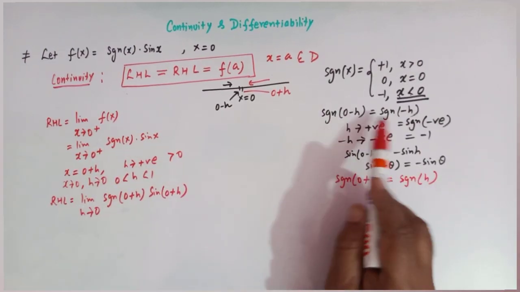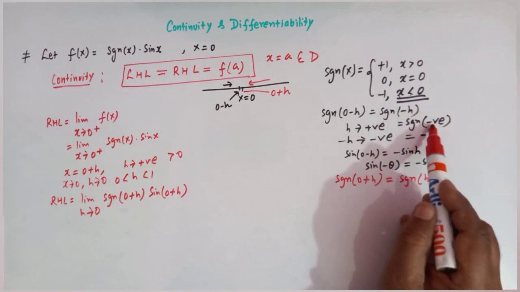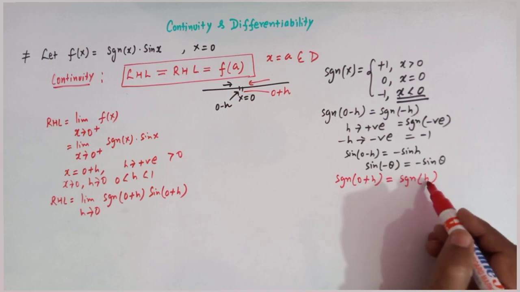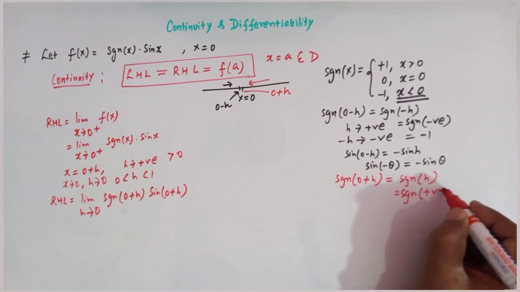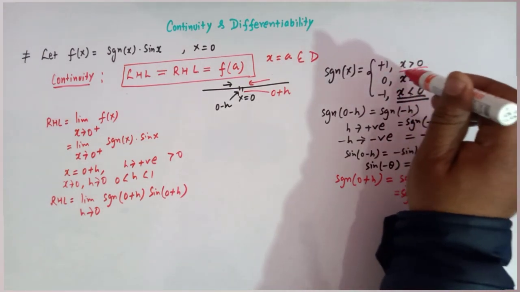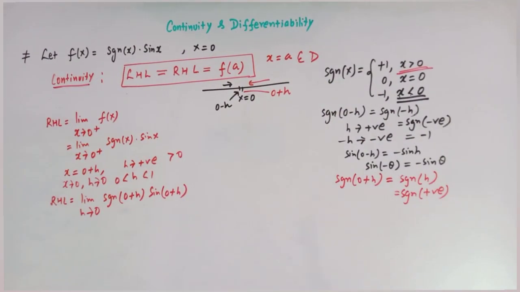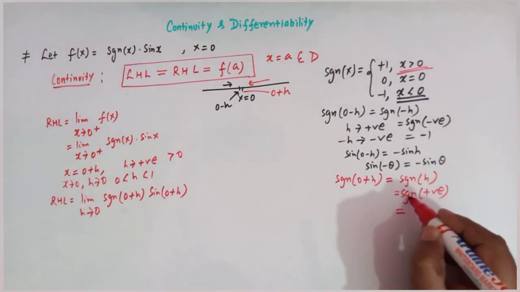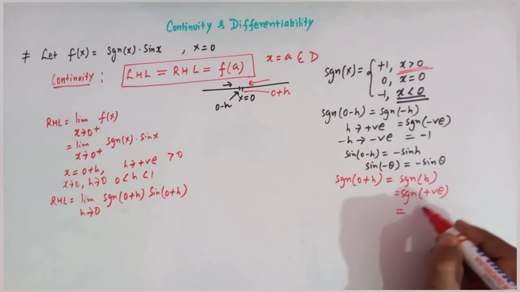In that case h is positive, but minus h would be a negative quantity. So here we have simply h, which means we have signum of some positive quantity. And when x is greater than 0, signum of x takes the value plus 1, so signum of h, a positive quantity, is plus 1.